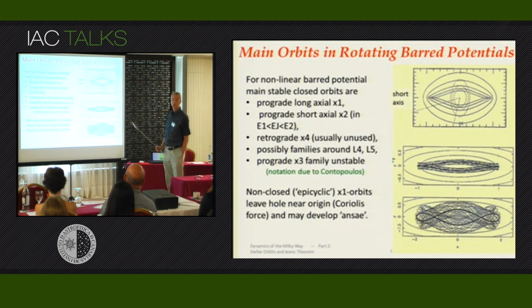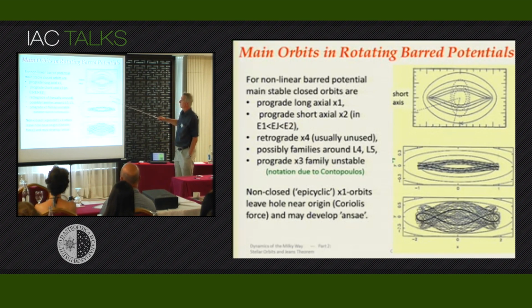So that means that, let's suppose the bar rotates this way around, then the star on the orbit in the rotating potential also rotates this way around. That's called prograde. If the star was to go the other way around than the pattern, then that would be called retrograde. There are such orbits, but they're usually not occupied, because it's so difficult for stars to be scattered onto them.